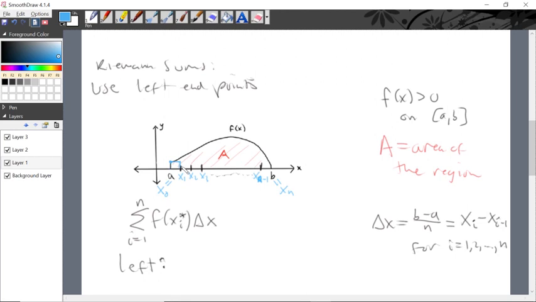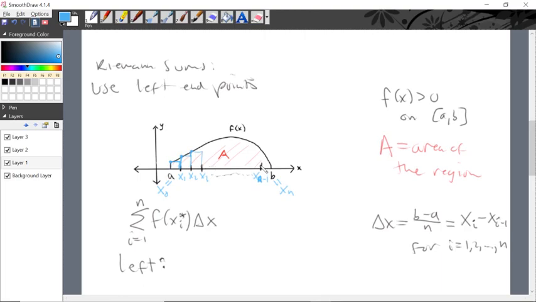The next rectangle, over the subinterval from x1 to x2, has its height found at f of x1. And then f of x2 is going to be the height of the next rectangle.